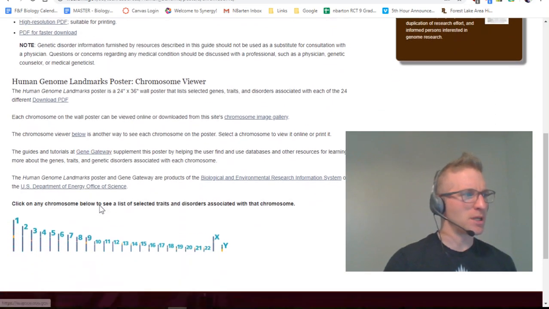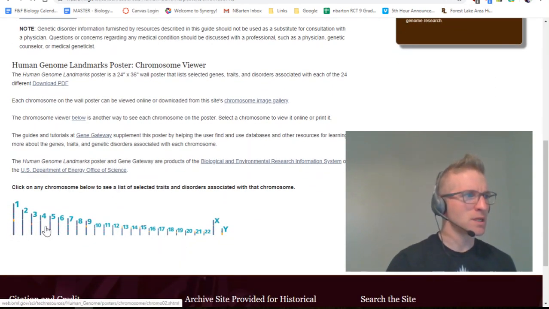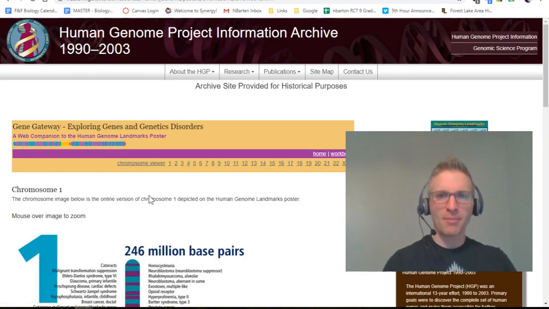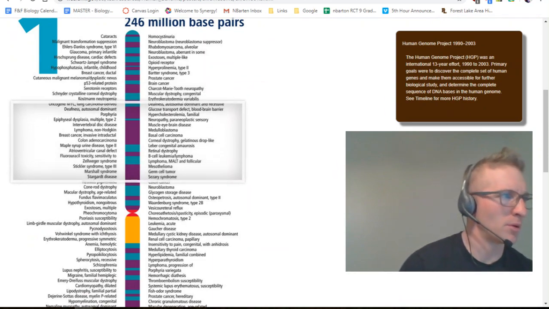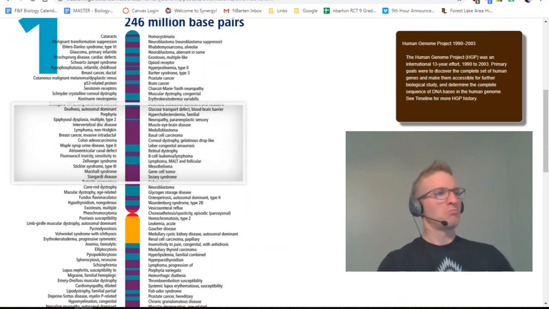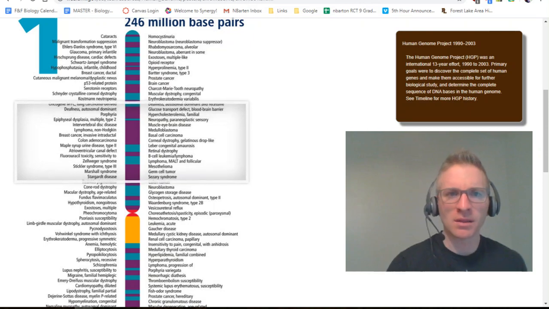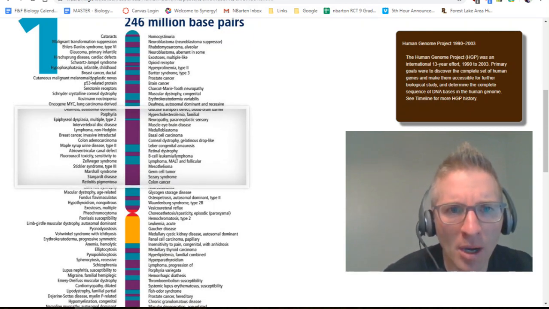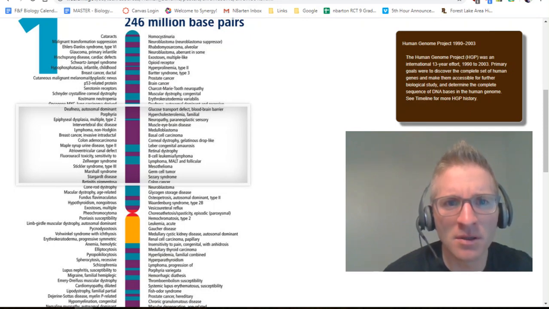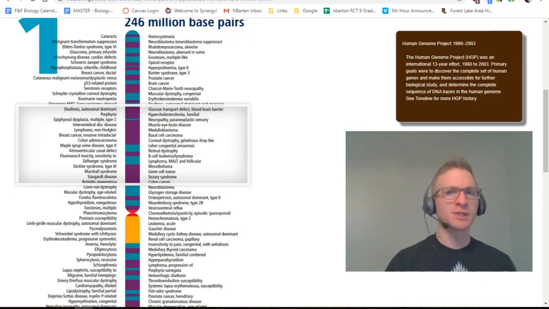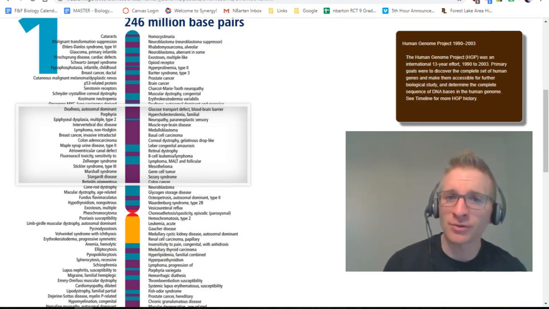My favorite bit here, you can click on any one of these to see a detail of that particular chromosome, human chromosome number 1, for example. Right about in the middle of that box, you'll see maple syrup urine disease type 2. Who knew? It's located on chromosome number 1.